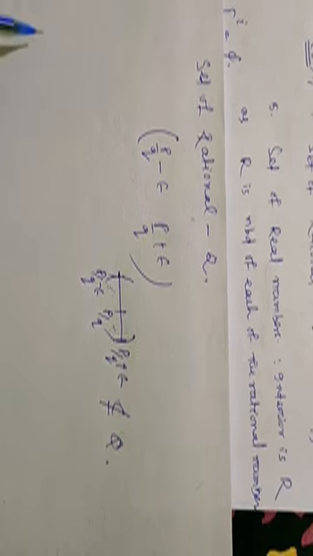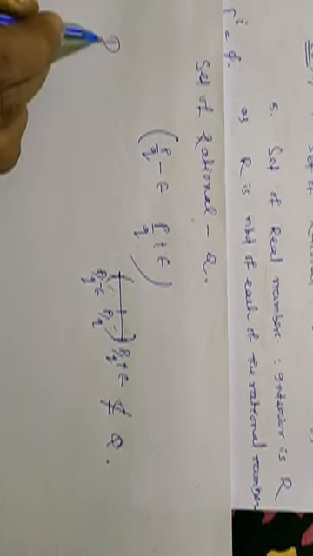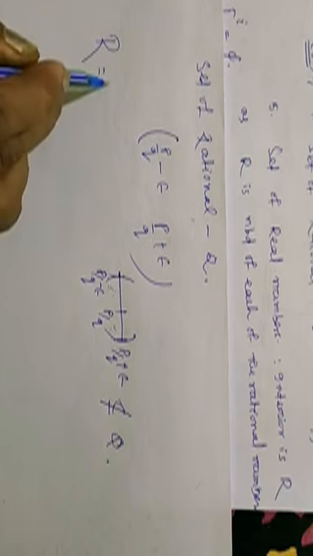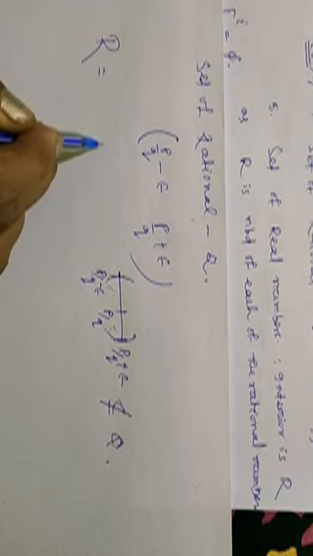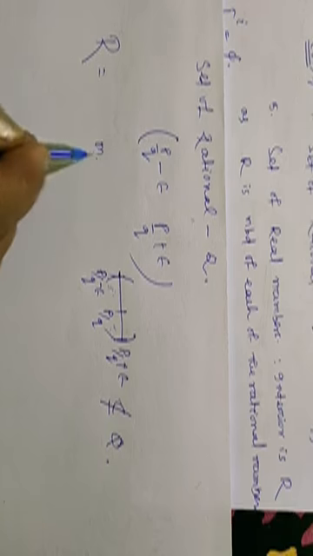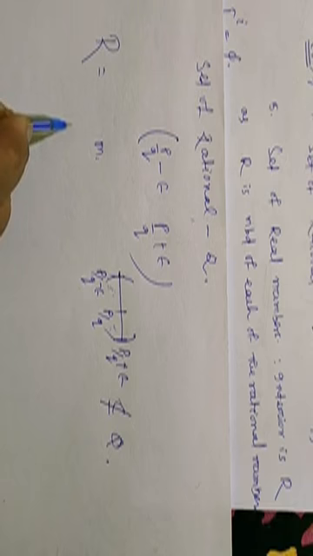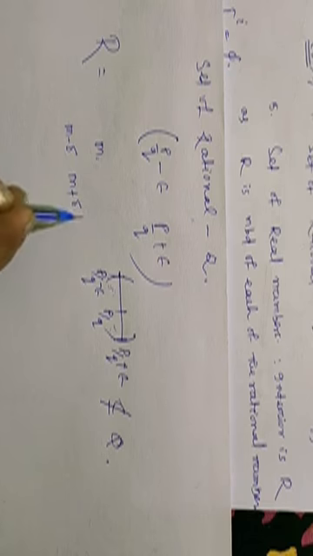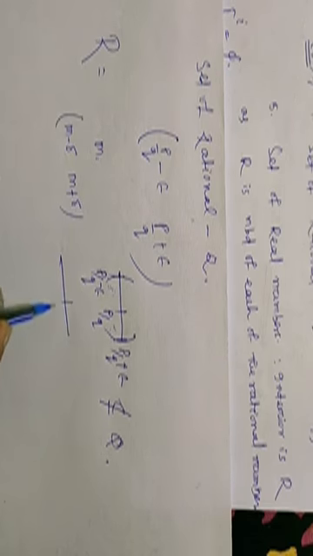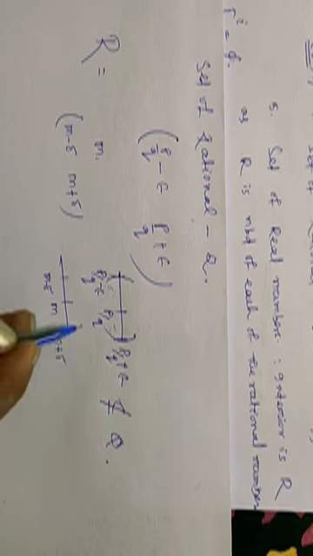What about the set of real numbers? Take any real number, suppose m. Now take an interval m minus delta, m plus delta. m is any real number. Here it is m minus delta, here it is m plus delta.